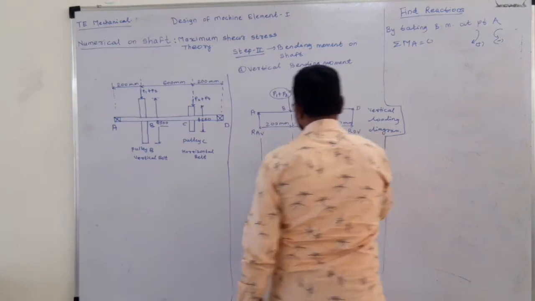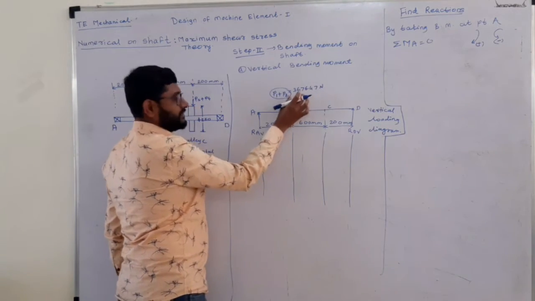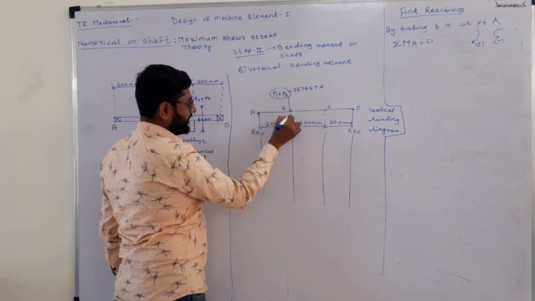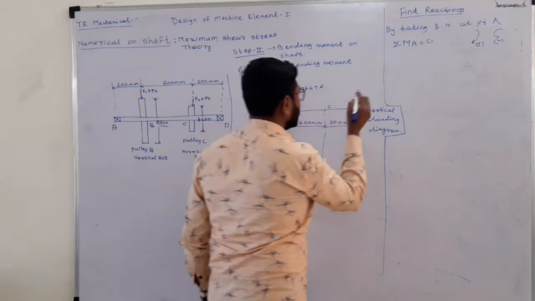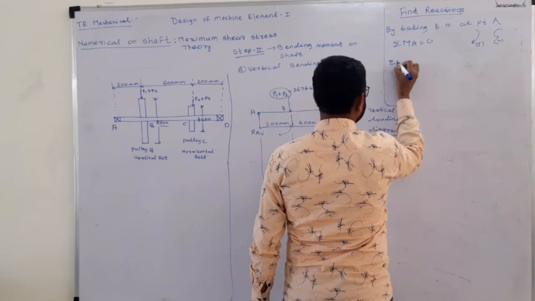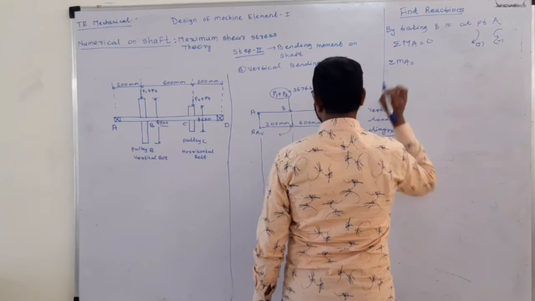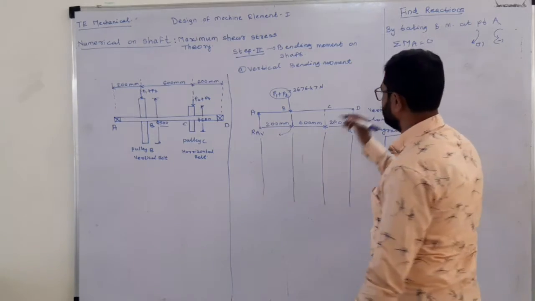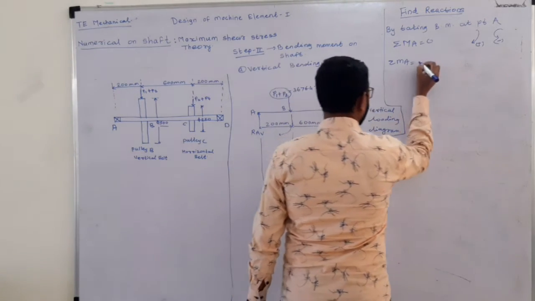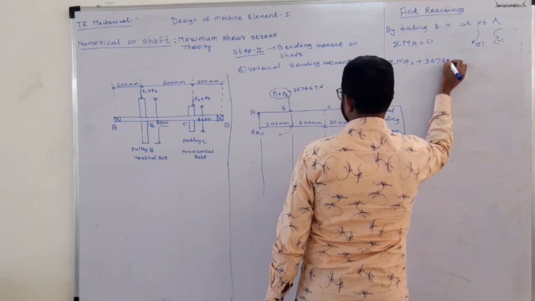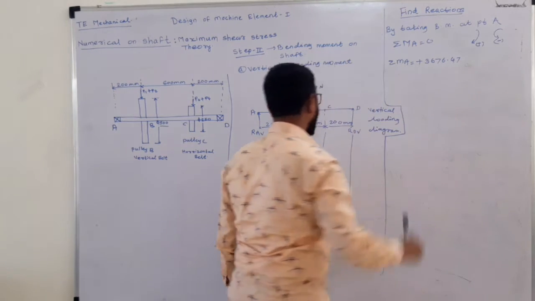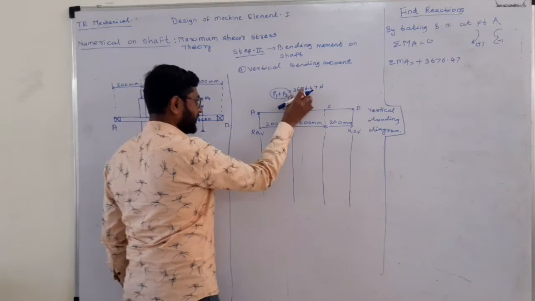So here this 3676 Newton force is acting clockwise towards point A, means summation MA, the bending moment about point A, is nothing but this force, 3676.47, the magnitude of that force.